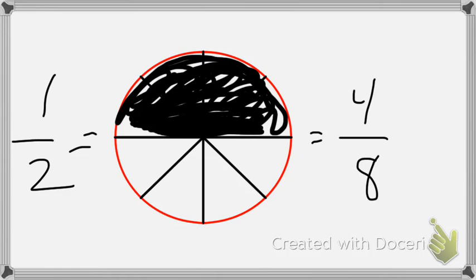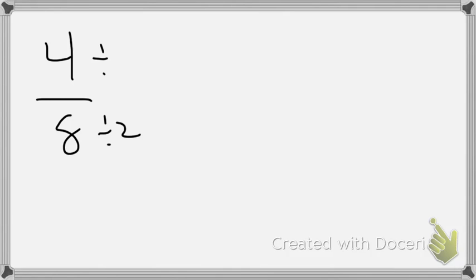When I simplify or reduce 4/8, divide by 2. 4 divided by 2 is, we wanted to use a bigger number. 4 divided by 4 is 1. And 8 divided by 4 is 2. Gives me a half. Now if I do it by 2, which you can, 4 divided by 2 is 2, 8 divided by 2 is 4.